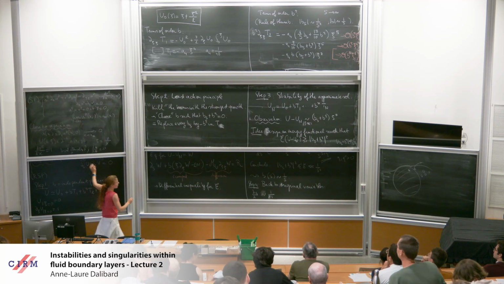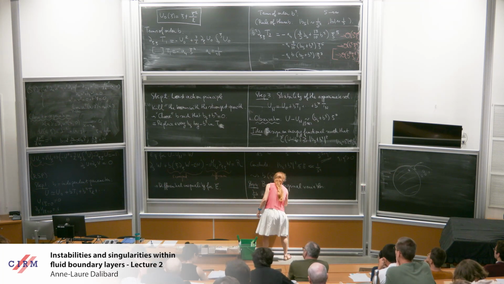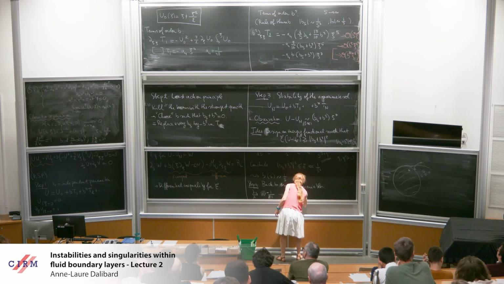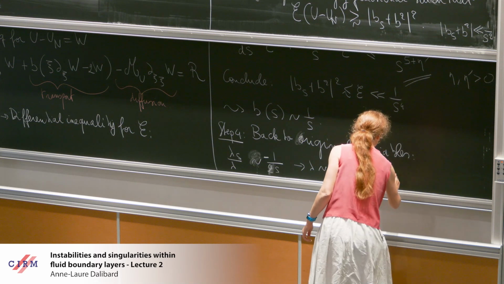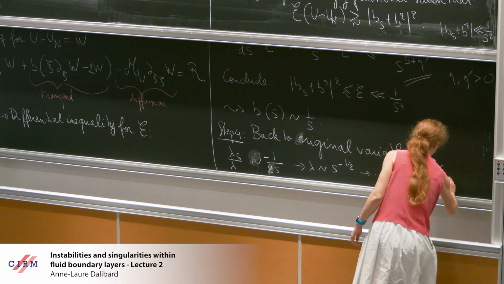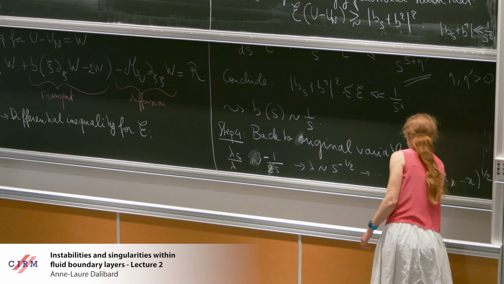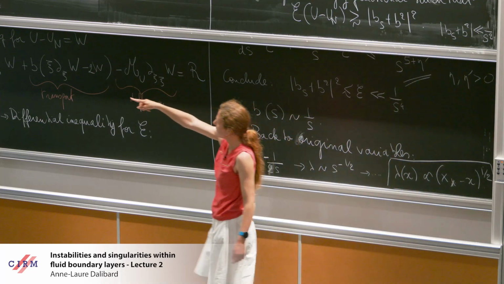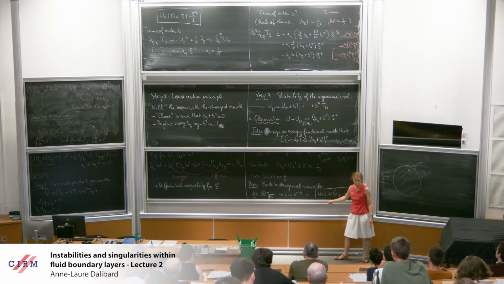So this is like minus 1 over 2s, and so lambda is like s to the minus 1/2. And then you go back to x, and you find that lambda in terms of x is proportional to x star minus x to the 1/2. Okay, so you just play around with all these laws and ODEs. And this is exactly the Goldstein singularity.